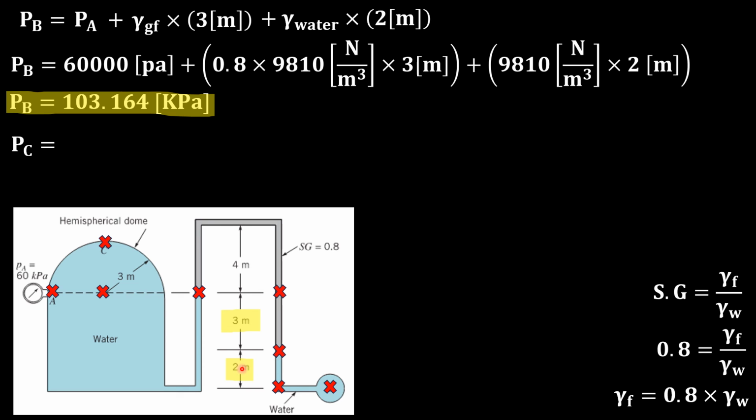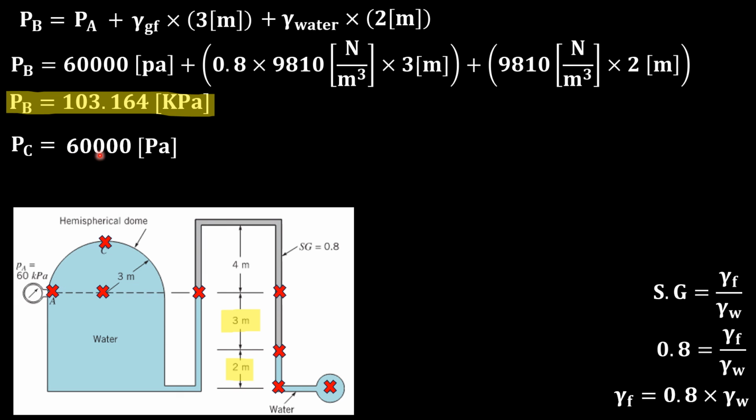Next, we will go up. We will decrease in depth. And so that will be another negative sign. And the specific weight in here is 0.8 times 9,810 times, and it's going up 3 meter. And the pressure in here is the same as the pressure in here. So far, I should get 60,000, yes. So when I did this, I get 60,000. So that's why I can start to solve for BC. I can start from the pressure at A.